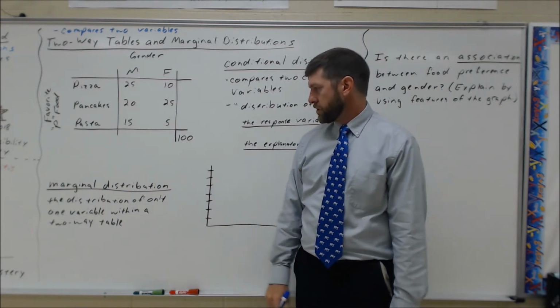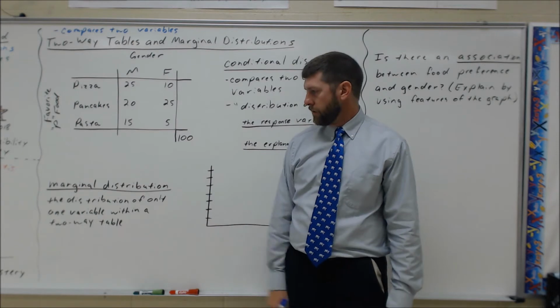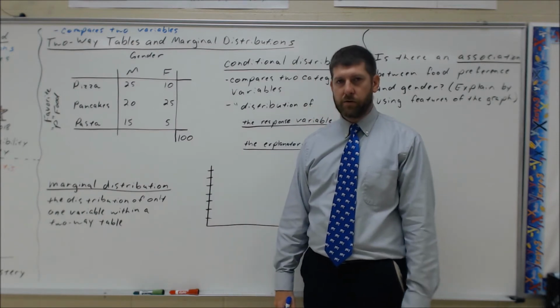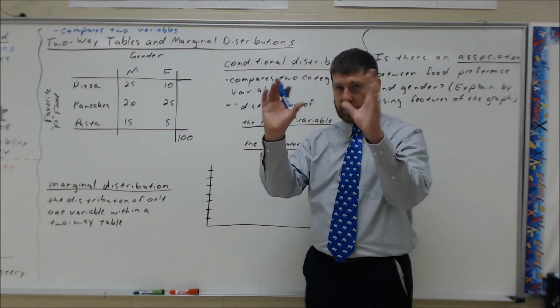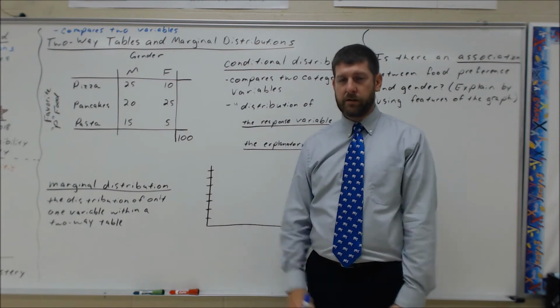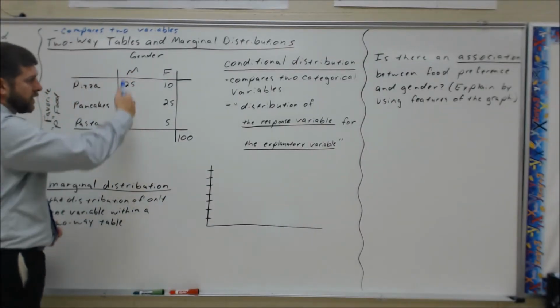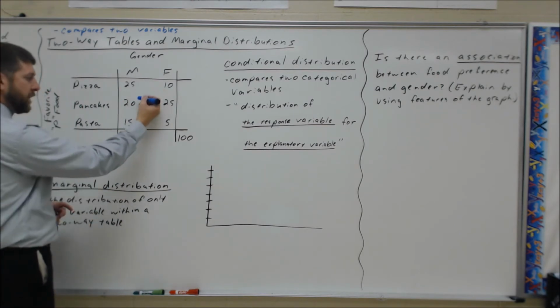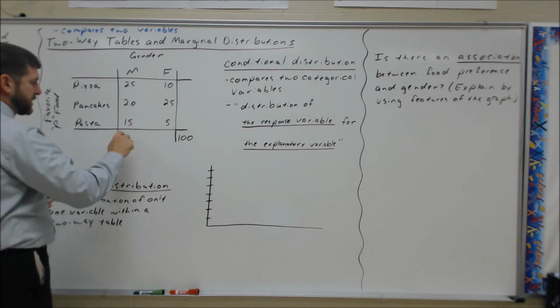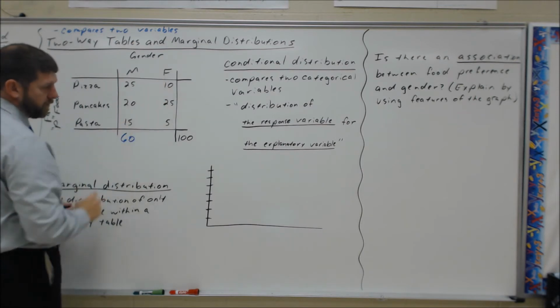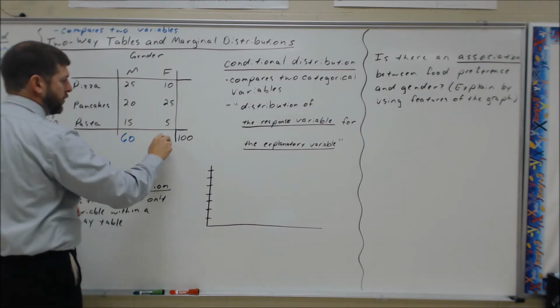They sound really scary, but they're pretty straightforward. A marginal distribution is the distribution of only one variable within a two-way table. That really means let's just look at one of the variables and see how it divides up. If we look at gender, the totals in this case were 25, 20, 15, so that's 60 guys, and 10, 25, 5, so 40 females.